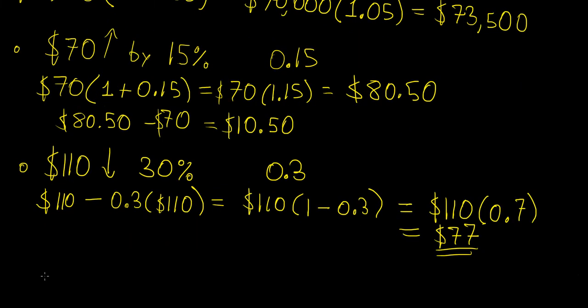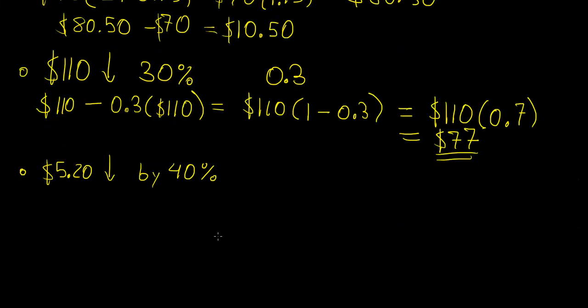And I can give you another example of that. Suppose that we want to decrease $5.20 by 40%. So we can do the quick method, and it is convert the percentage to a decimal, so that's 0.4.